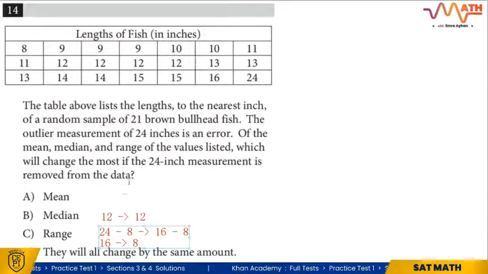I don't think the mean will change that much, but I have to check that one also. So how do you find the mean? We add all these numbers, then divide by first 21, then subtract 24. We need to add these numbers first.